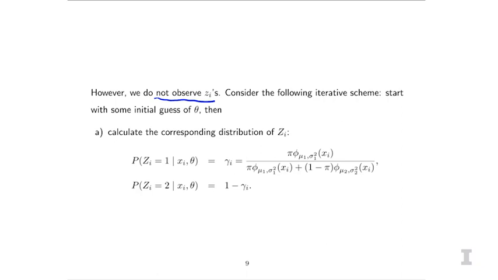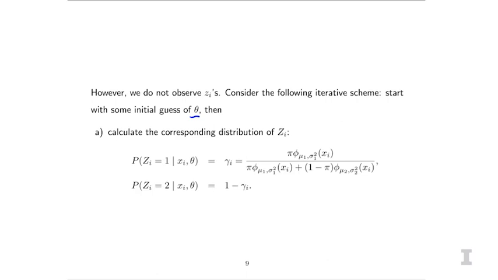Now let's consider the following iterative scheme where we start with some initial guess of the parameter theta. So we're going to have some initial guess of the mean and variance of the two normals and also the mixing weight pi. And then for every xi, we can compute the corresponding distribution of this binary variable zi.